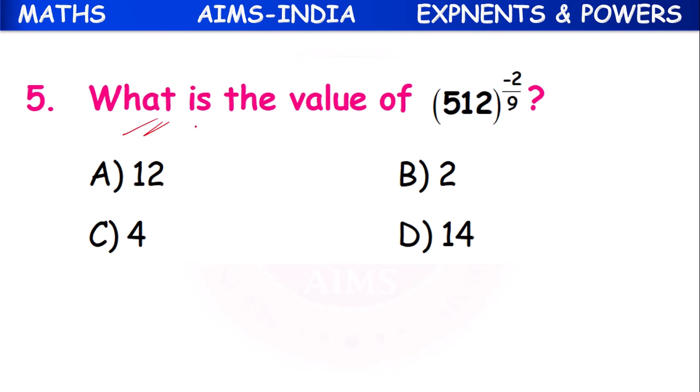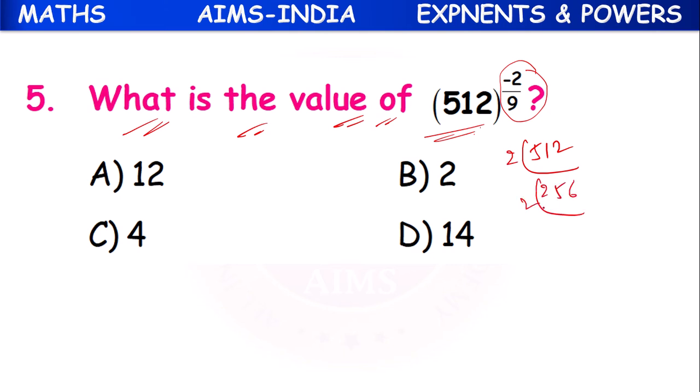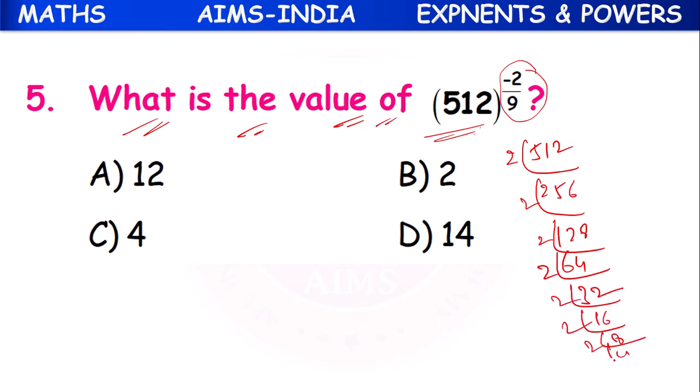Next. What is the value of 512 whole to the power of minus 2/9? Here 512, if we factorize it, is 256 times 2, 128 times 2, 64 times 2, 32 times 2, 16 times 2, 8 times 2, 4 times 2, 2 times 2.